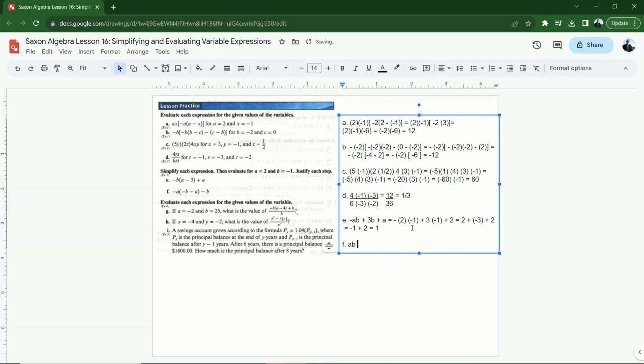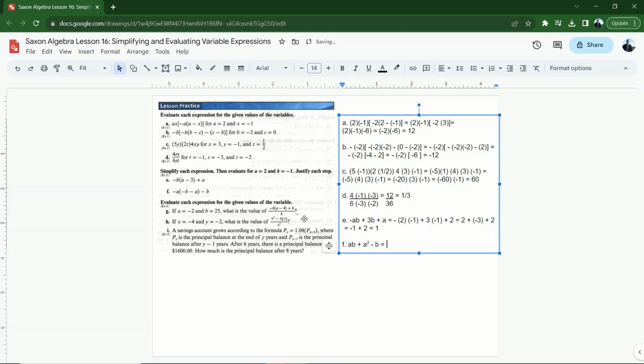Plus, in this case, a times a, or a squared, minus b. It becomes positive because it's negative times negative. And then I subtract b from that.